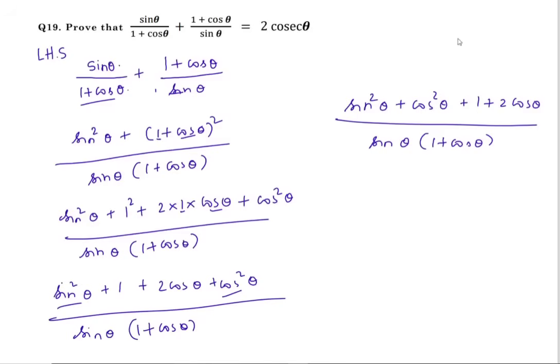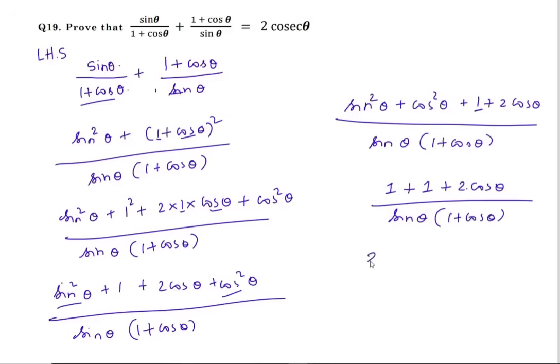Now what is sin square theta plus cos square theta? Using identity 1, sin square theta plus cos square theta is 1 because the theta is same, plus 1 plus 2 cos theta as it is, whole divided by sin theta into 1 plus cos theta.